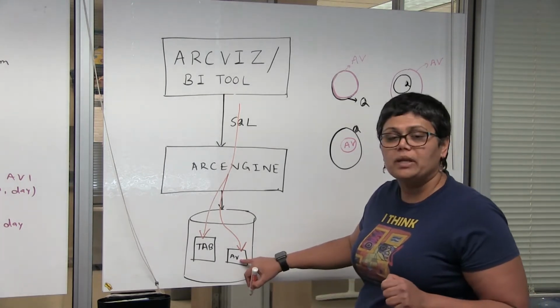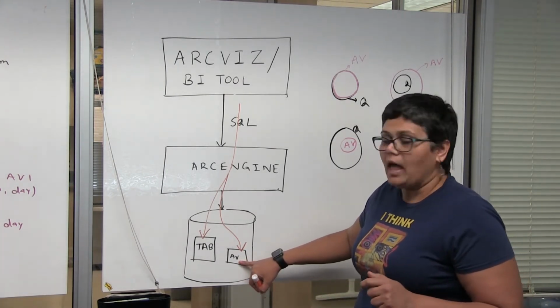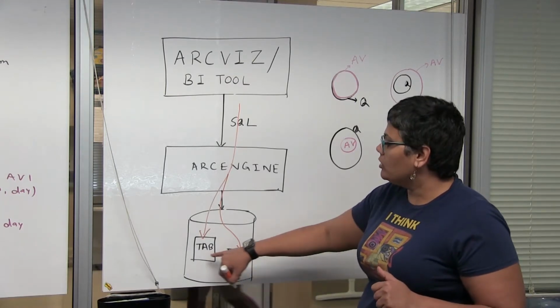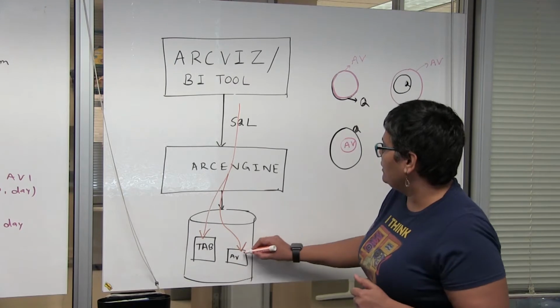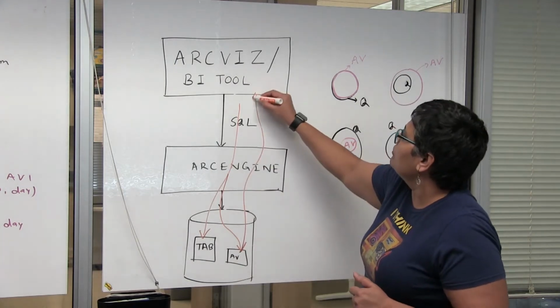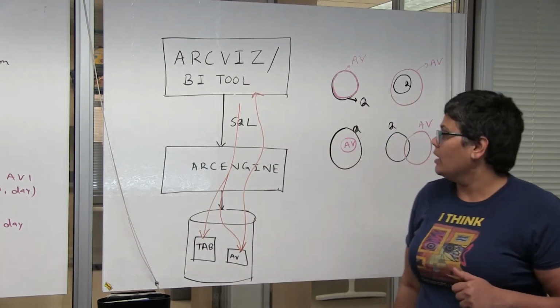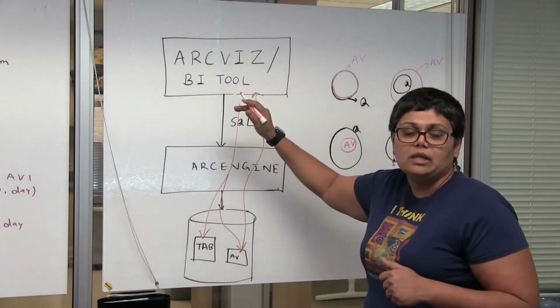These are pre-computed results. Analytical views are typically much smaller than tables, which means they can be read faster. And then these results flow back to the BI tool. But the end user doesn't need to see any of this.